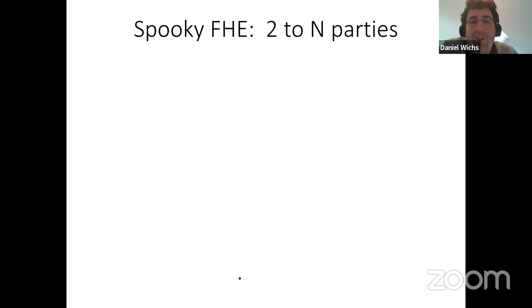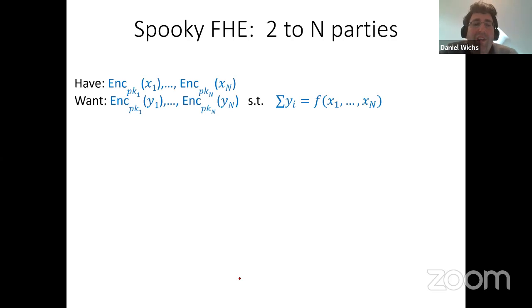It's a generic trick. Assume I have a fully homomorphic encryption that lets me do spooky operations on 2 ciphertexts. So I can take some encryptions of x1, encryptions of x2, and come up with an encryption of y1 and y2, which are secret sharings of, let's say, x1 times x2. I claim that's enough to then do arbitrary additively spooky relations. So here's the idea.